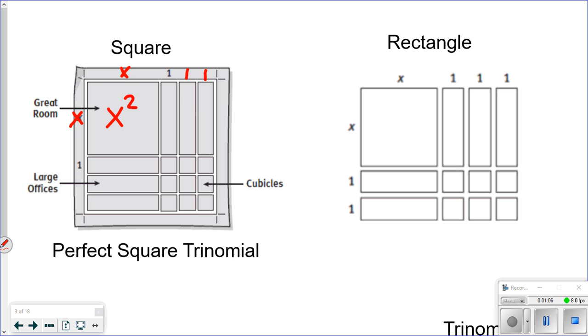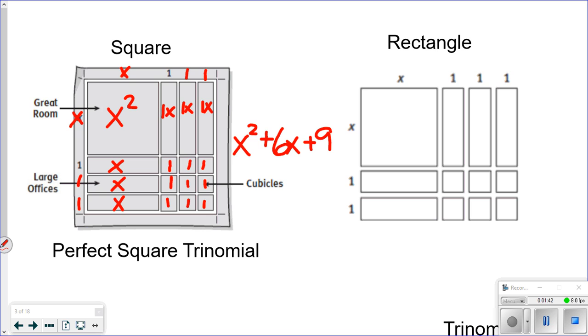And 1 times x is 1x, 1x, 1x, or we could just write x, x, x. Those are the same thing. And then these little smaller squares here are 1 times 1, which is just 1. So all of these are 1s. And then we could count up and we get x squared plus 1, 2, 3, 4, 5, 6 x plus how many singles or ones do we have? We have 9 of them.